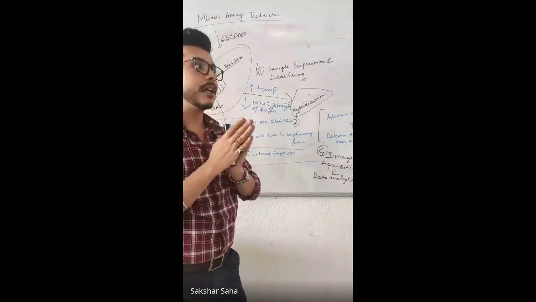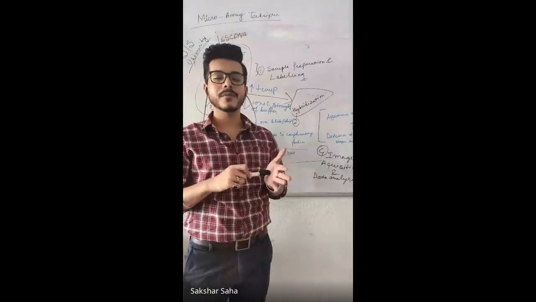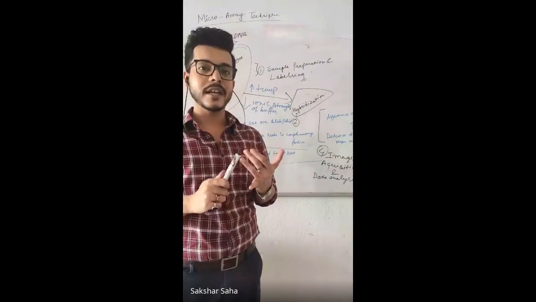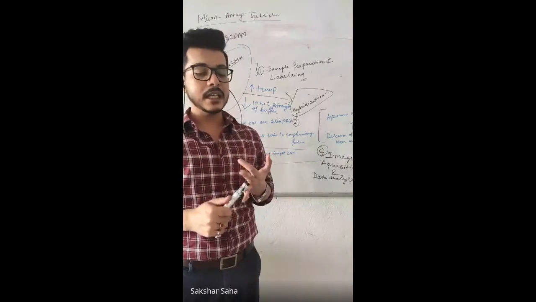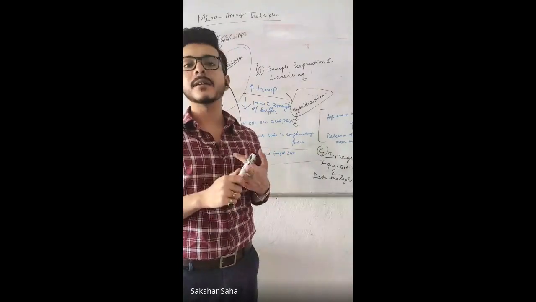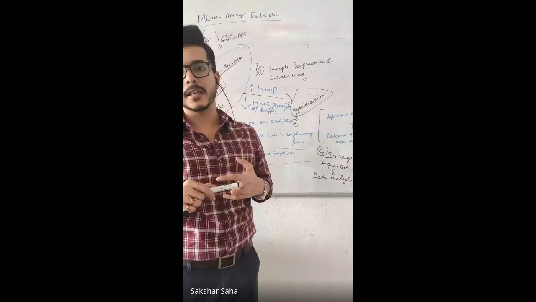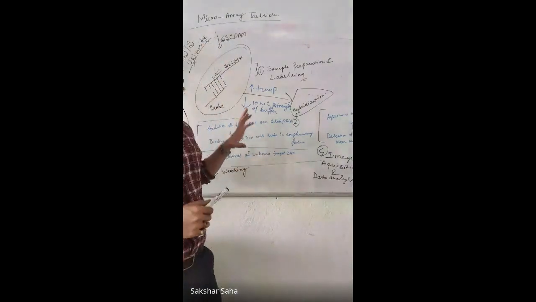The main advantages of this technique are that it is high throughput, the quality is very high, and it takes very little time, so it can save your precious time. So this is the whole process of the microarray technique.